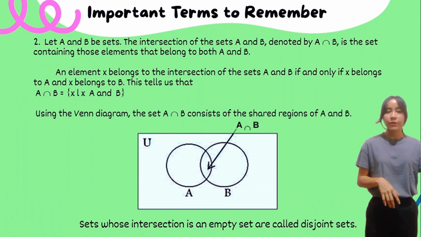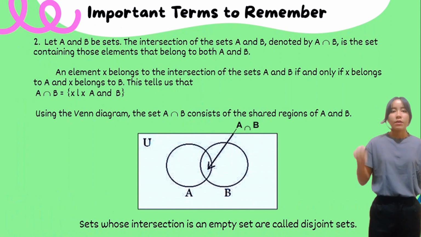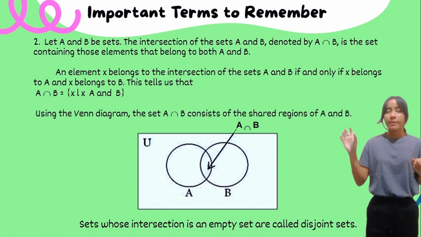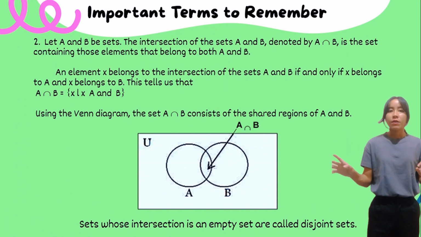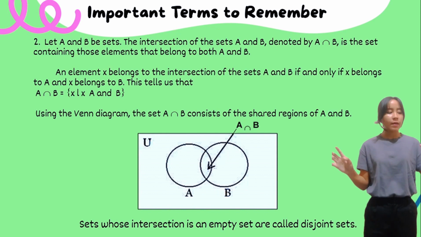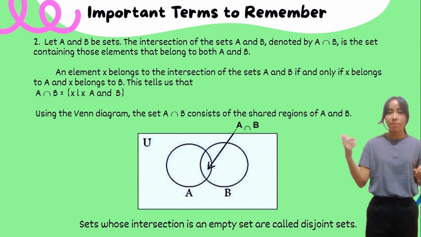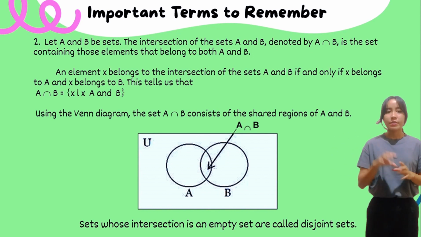Set A is your father's side, and then set B is your mother's side. So, kunyari, ang intersection nila is yung mama o papa sa set A and set B. So, the intersection could be mama o papa.